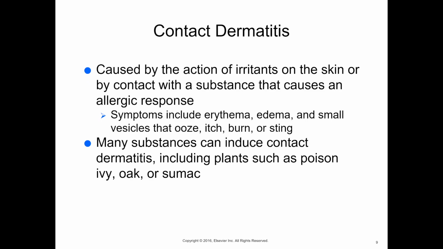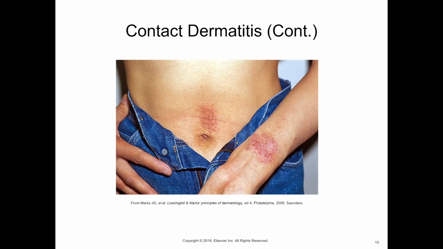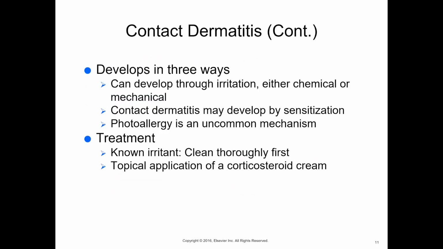Contact dermatitis. So this is acute inflammation triggered by something touching the skin. This is essentially a type of allergic response, okay? You're going to get some redness, some swelling, and you might have oozing vesicles that pop up on the skin. Okay, this is what it looks like here.